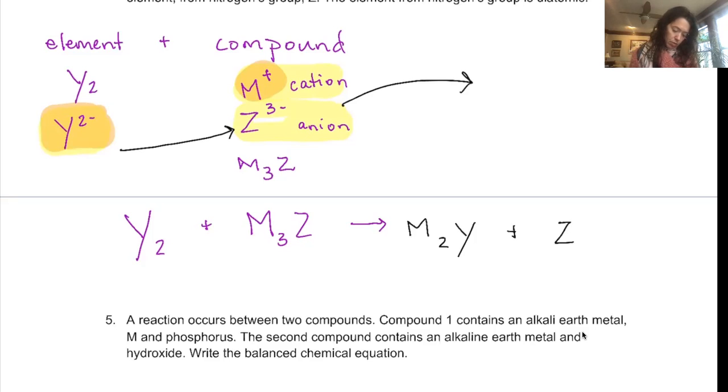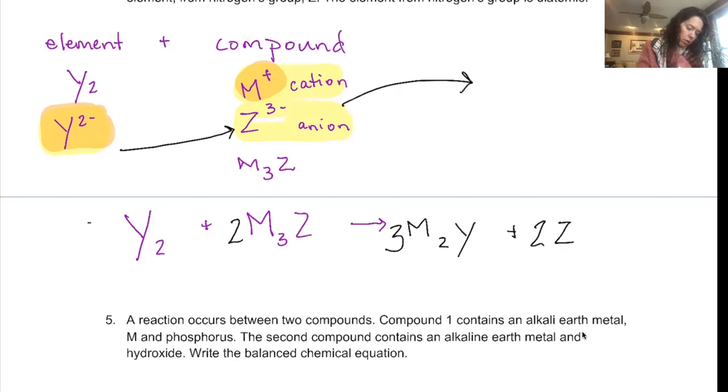Did I do something wrong? I need to make sure because we have a, let's see, let's put a 2 here, a 3 here, a 2 here, and 3 Y's.